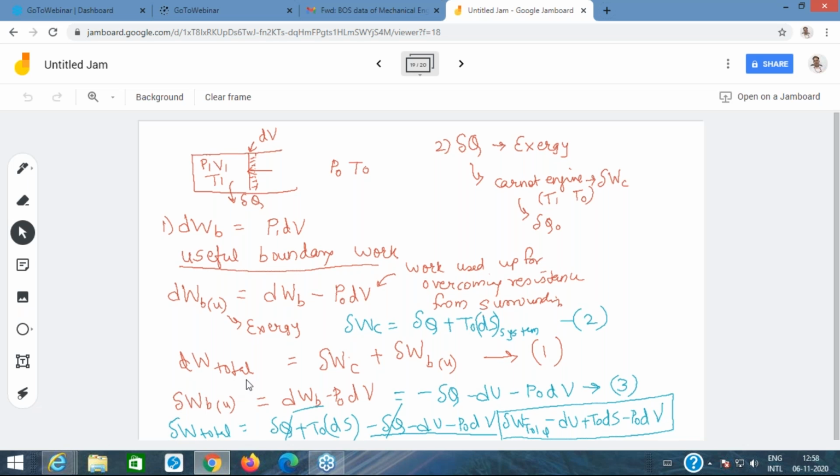Substituting the values of del WC and del WB, you get del Q plus T naught ds minus del Q minus du minus P naught dV. The del Q term cancels out, and you are left with del W equal to minus du plus T naught ds minus P naught dV.